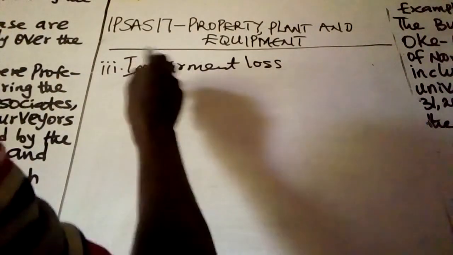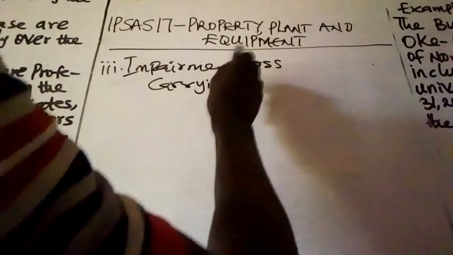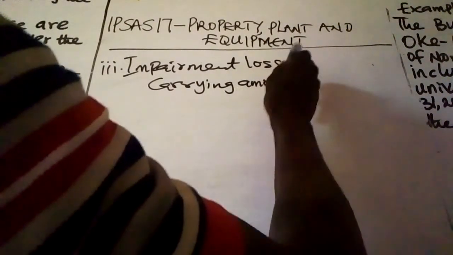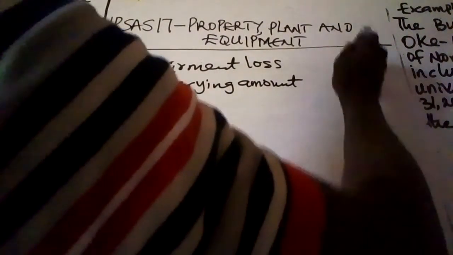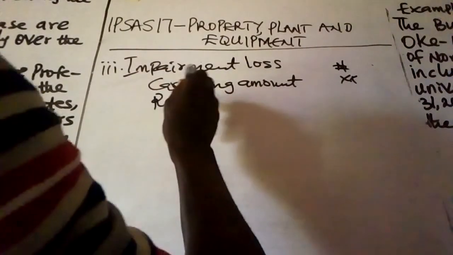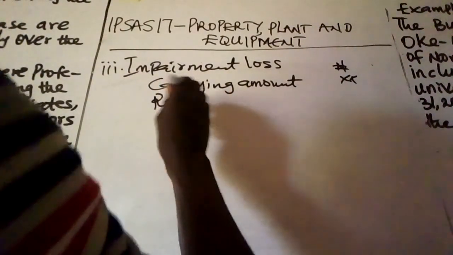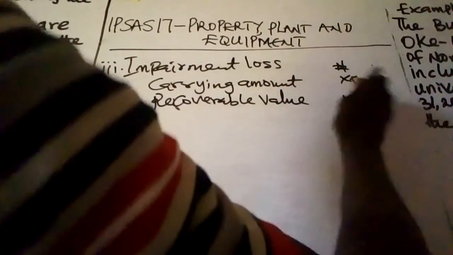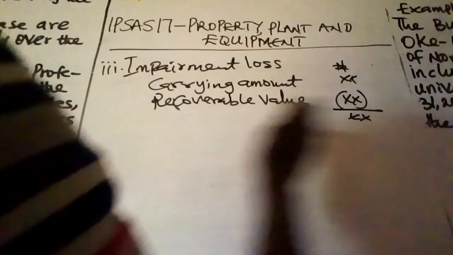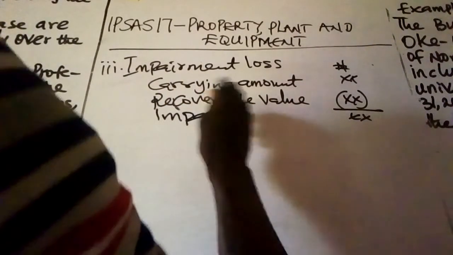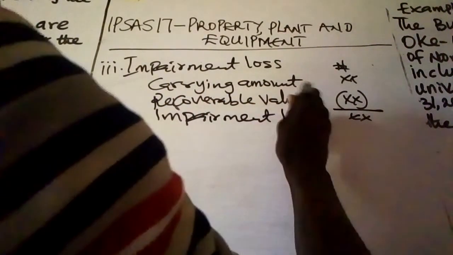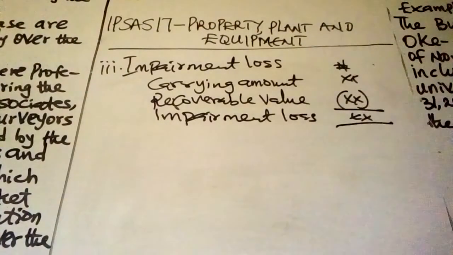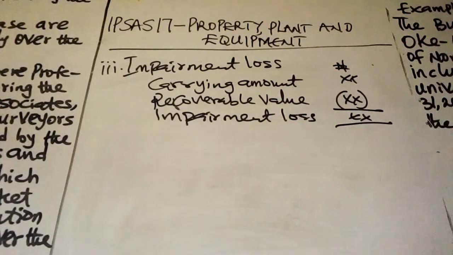The excess of the carrying amount over its recoverable value is said to be the impairment loss.